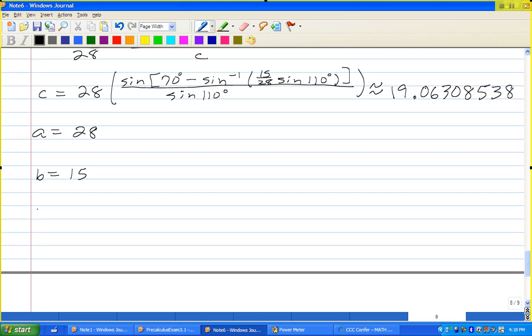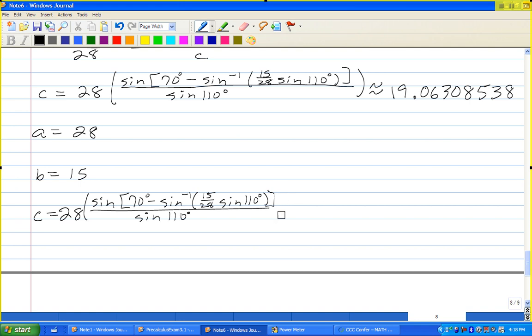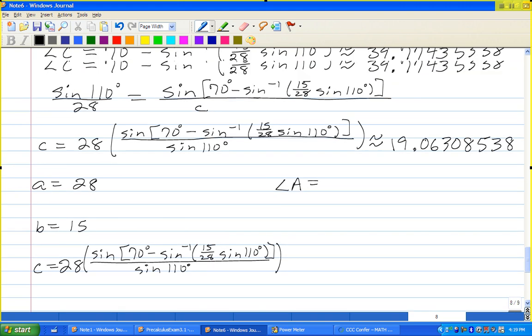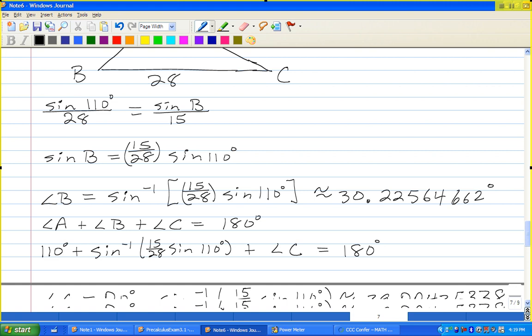C is 28 sine of (70 minus arc sine of 15 over 28 sine 110) over sine 110. Now angle A is 110.